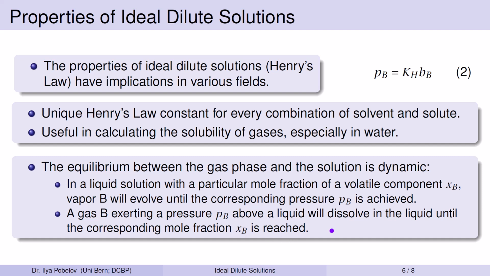Consider a bottle of sparkling water. If sealed, an equilibrium establishes itself between the dissolved CO2 in the liquid and the CO2 in the gas phase. But if the bottle remains open, the gas gradually escapes, preventing any equilibrium.